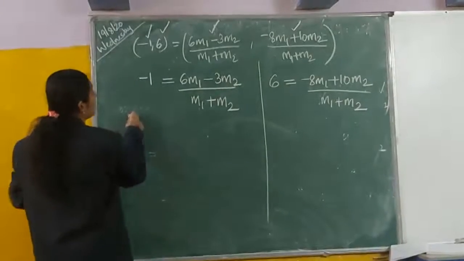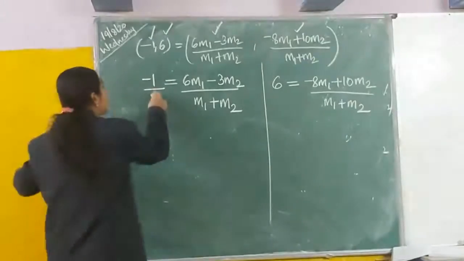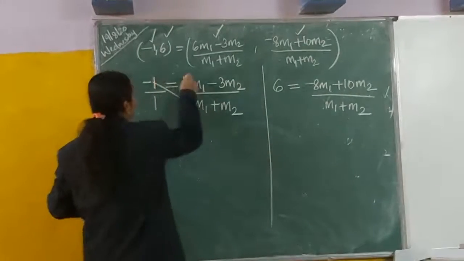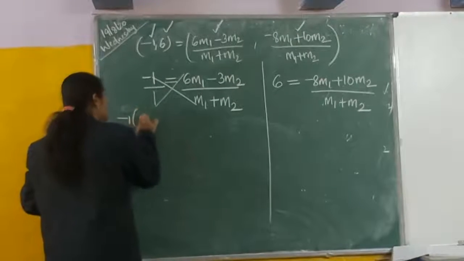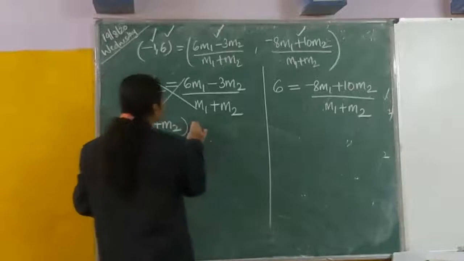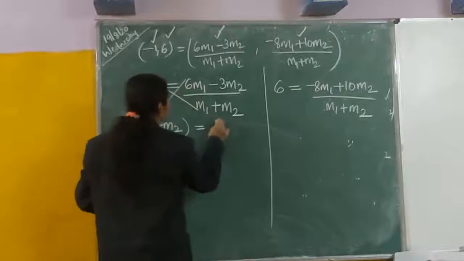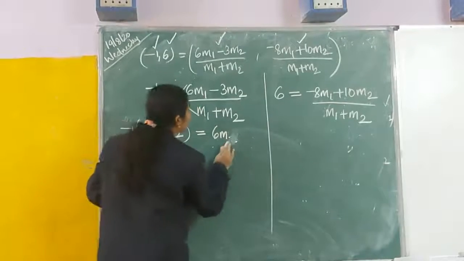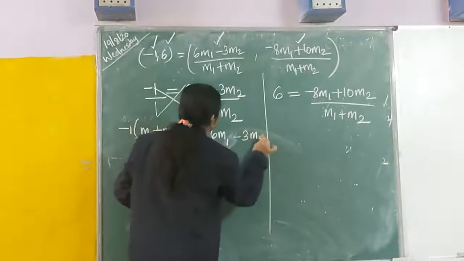See, minus 1, the denominator is not there, so what will be the denominator? 1 is the denominator. Now you should cross multiply this equation. What will you get? Minus 1 into m1 plus m2, and on the right hand side, 1 into anything gives the same, so you will get 6m1 minus 3m2.